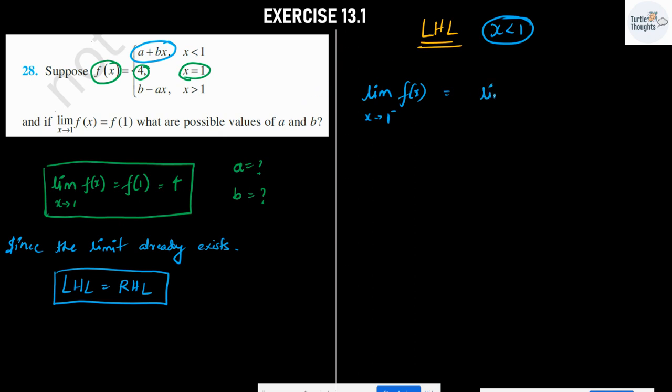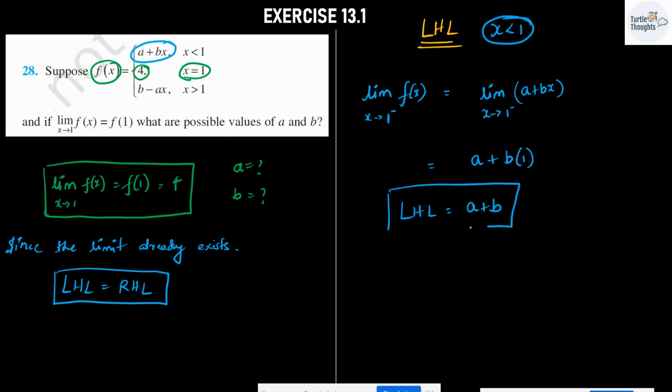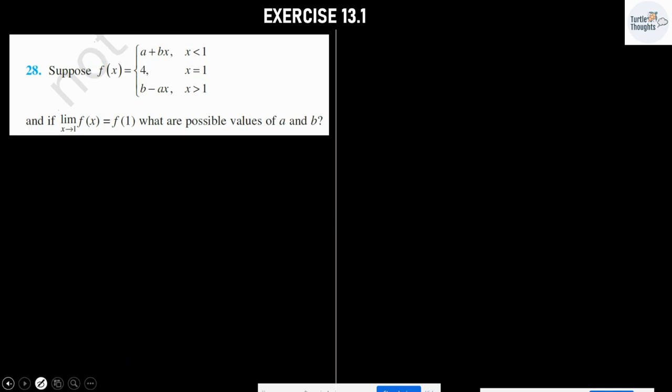So I can write this as limit of the function a plus bx as x tends to 1 minus. I just need to substitute the value of 1 over here in place of x. Doing that, a plus b multiplied by 1. So I will be getting the value of LHL as a plus b. This can be taken as equation number 1.